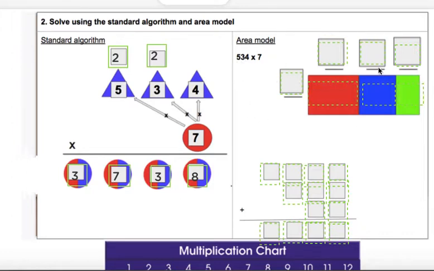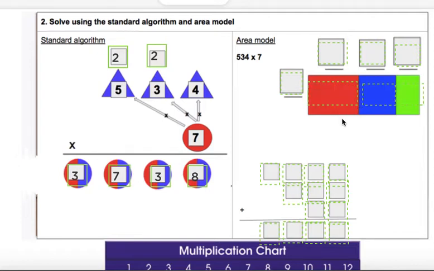So you'll notice that our area model is literally just a whole bunch of colorful boxes put together, and each box represents a different place value. My red box represents the hundreds place, my blue box represents the tens place, and my green box represents the ones place.